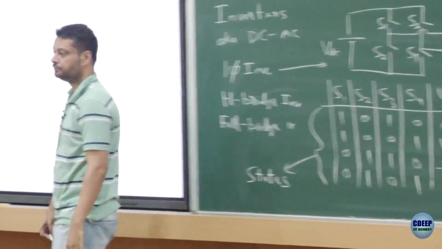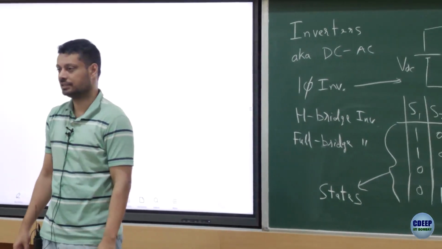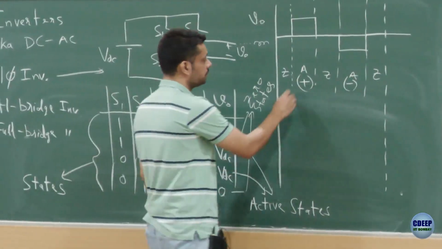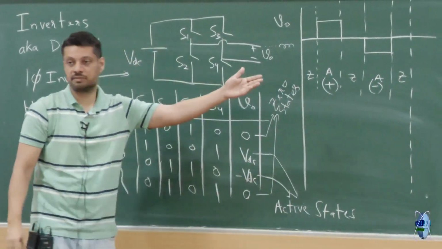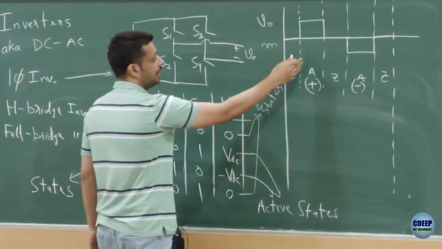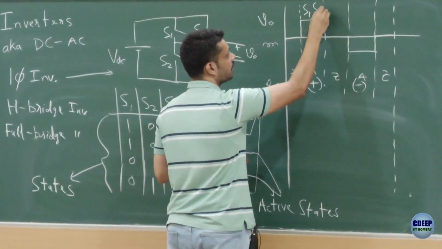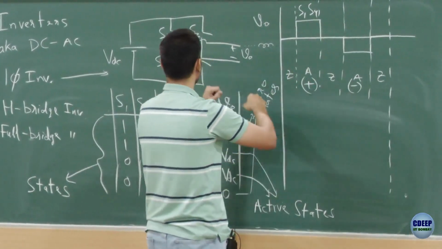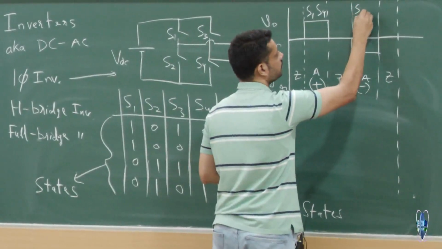But using these four combinations, you can create an AC voltage like this. Let's write down which switches are conducting in each of these durations. When active positive state, S1 and S4 are conducting. When active negative state, S2 and S3 are conducting.